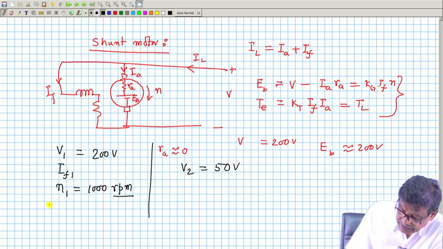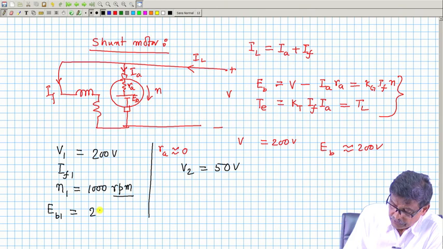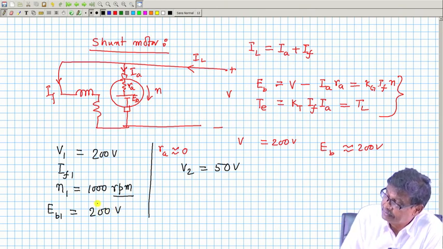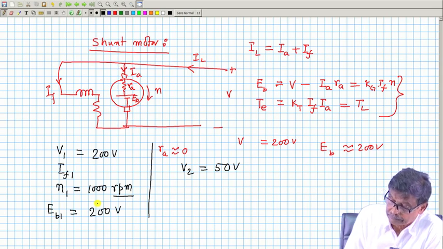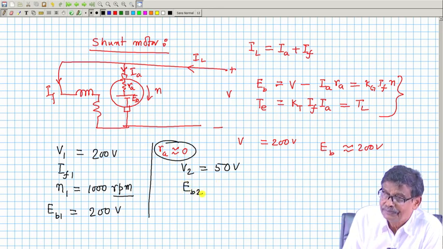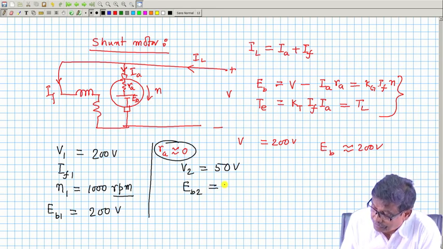In this case, E B 1 is equal to 200 volt only, because I R A drop is neglected. In the second case, what is E B 2? E B 2 will be once again 50 volt.